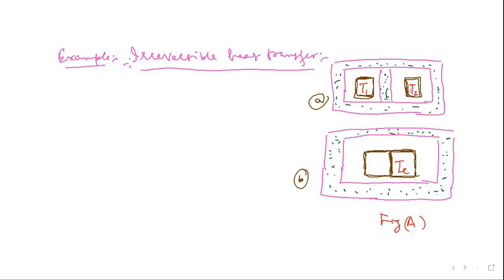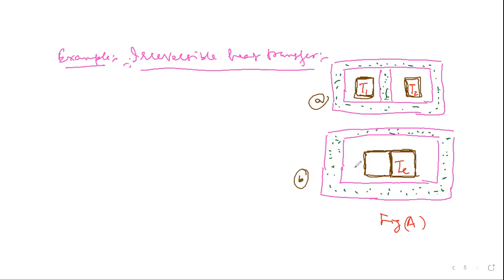The blocks are at different temperatures in individual insulating enclosures. These are adiabatic walls. They are insulated individually from each other thermally, right? This is my initial state in part A. Two blocks at different temperatures in individual insulating enclosures.